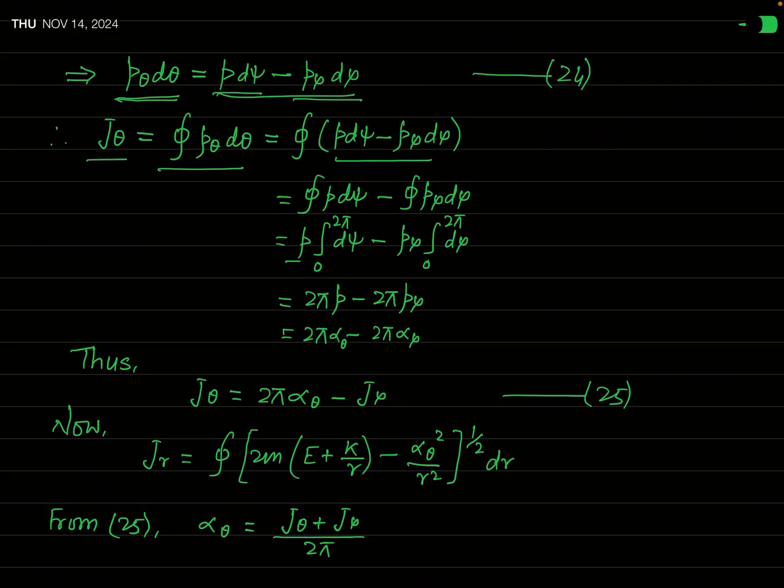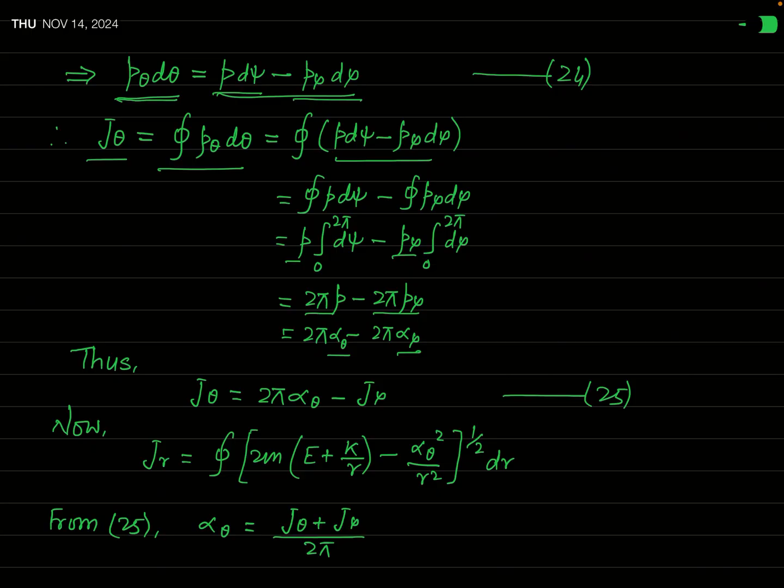And you also know that this p phi, which is equal to alpha phi, is also a constant. So p phi is also outside of this integral. Now write the limits 0 to 2 pi, and you can see our result will be 2 pi p minus 2 pi p phi. But you have seen earlier that this p is equal to alpha theta, and p phi is equal to alpha phi.